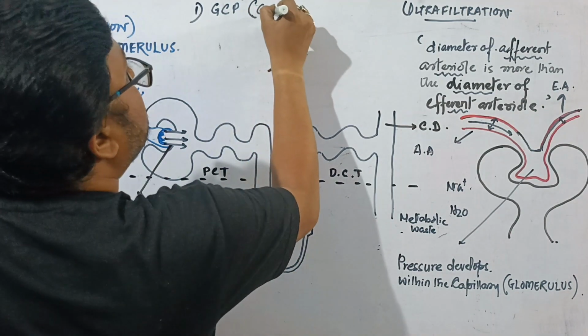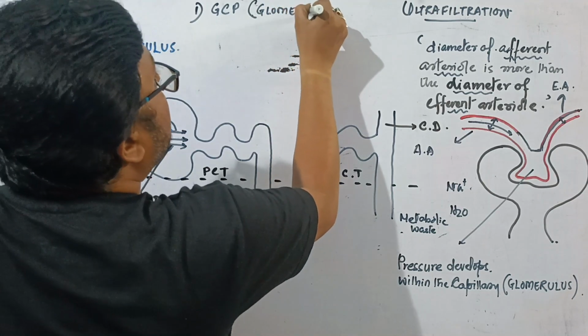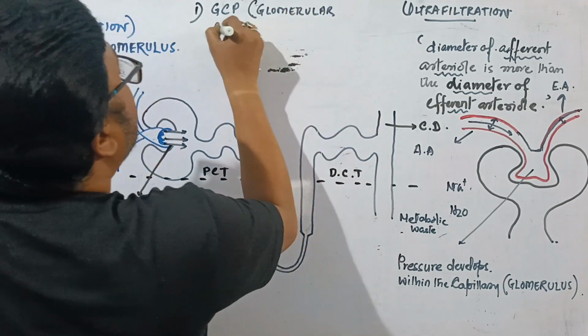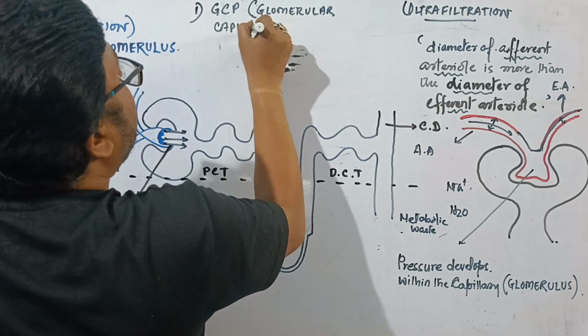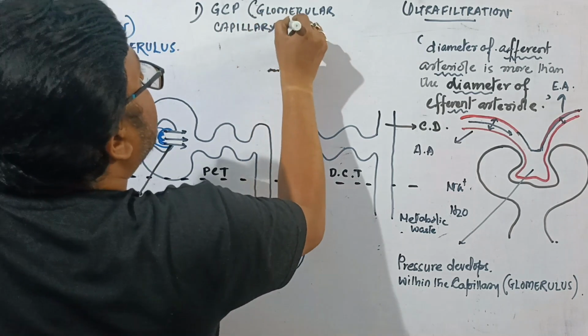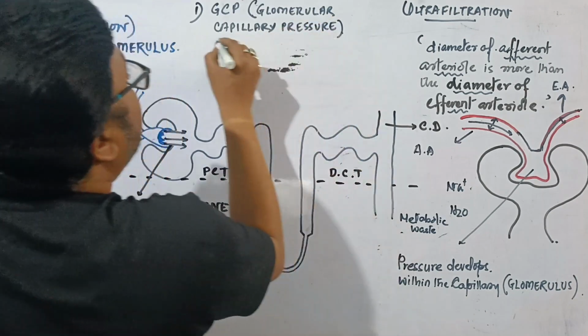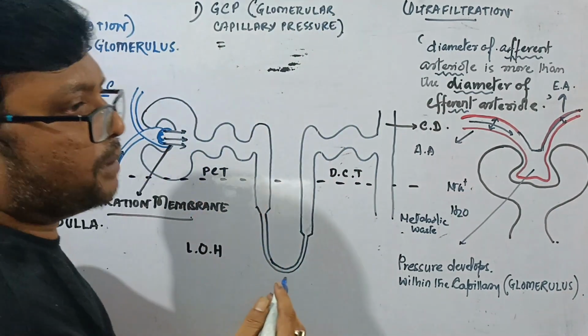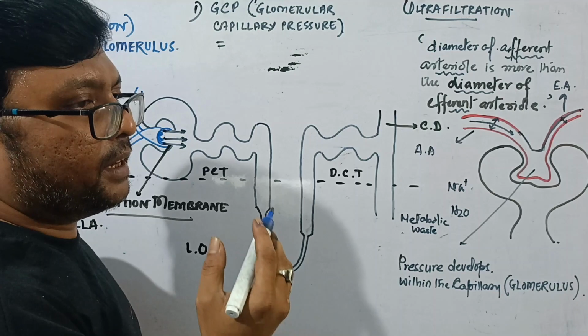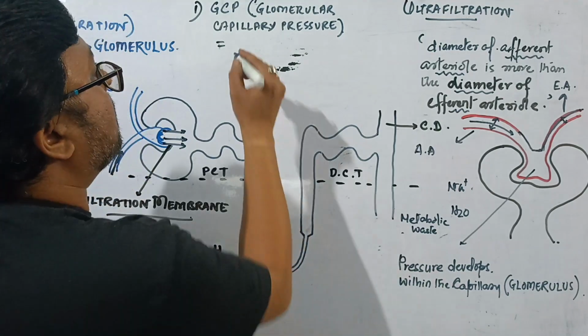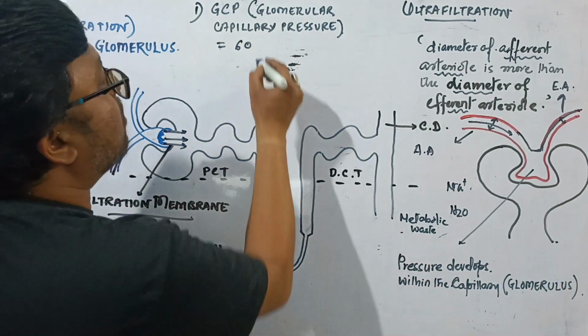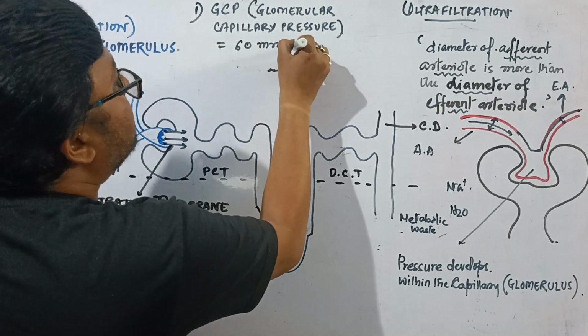GCP. In short, it is known as glomerular capillary pressure. And basically, এটা আমরা বলতে পারি it is exactly around 60 mmHg.